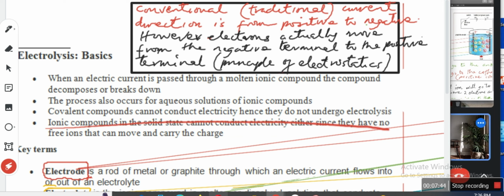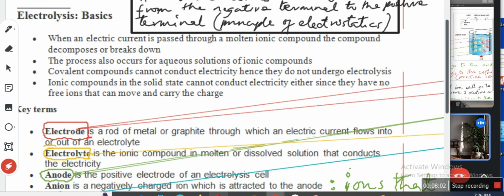Say that again. I'm underlining it. I expect you to read what I'm underlining. Why do ionic compounds not conduct electricity in their solid state? Ionic compounds in their solid state cannot conduct electricity, since they have no free ions that can move and carry the charge.